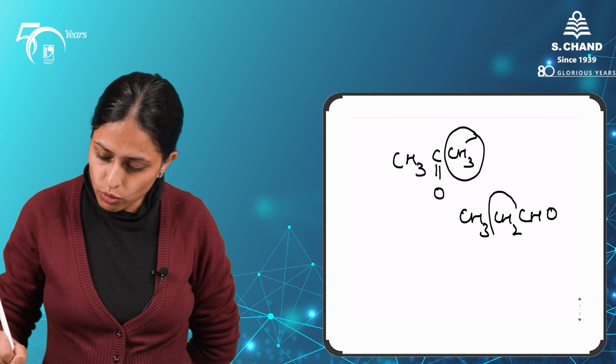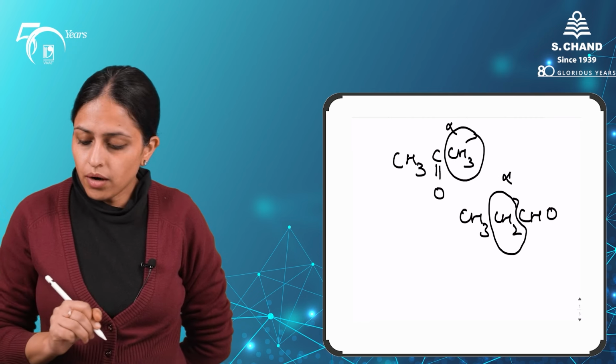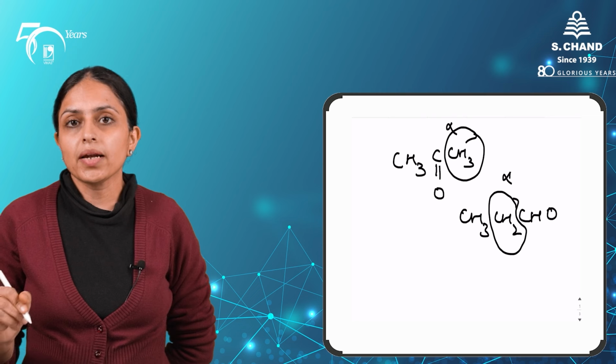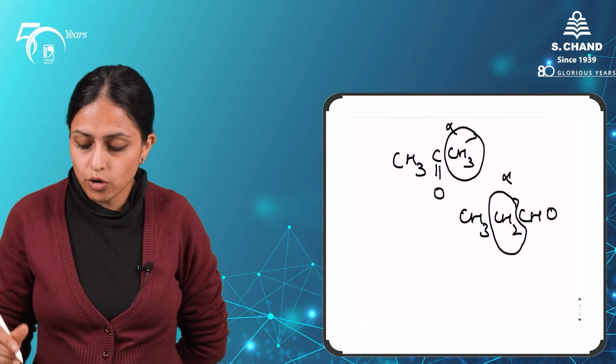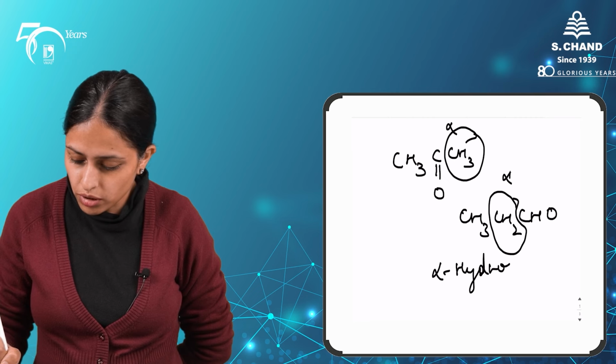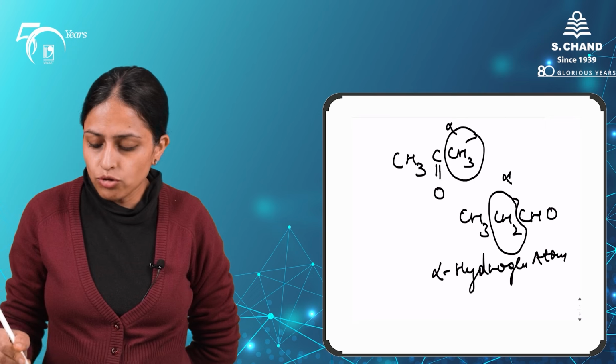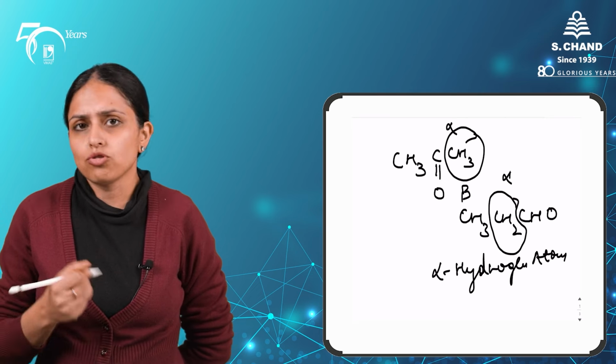These hydrogen atoms which are attached to the carbon, which is directly linked to the carbonyl carbon, are known as alpha hydrogen atoms, and the hydrogens on the next are beta hydrogen atoms.